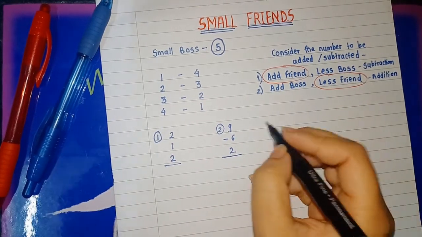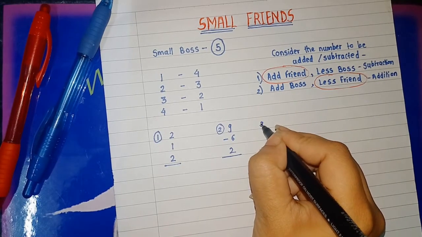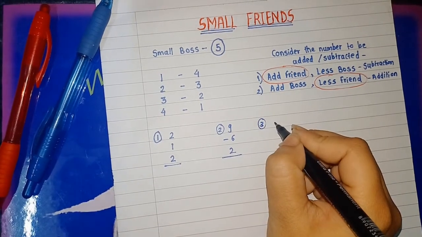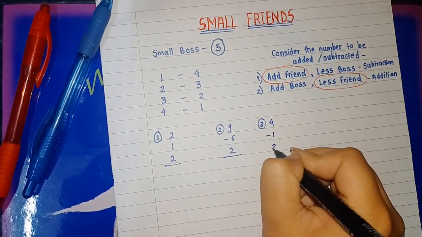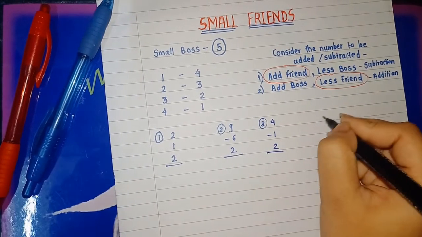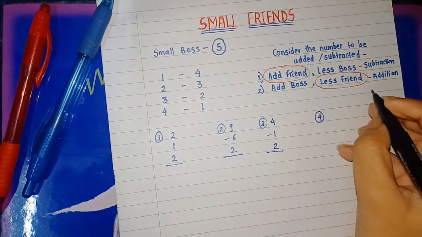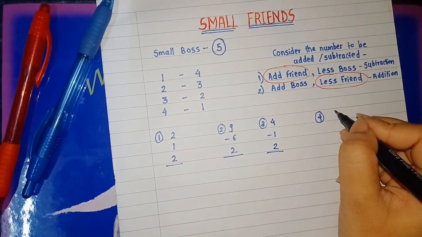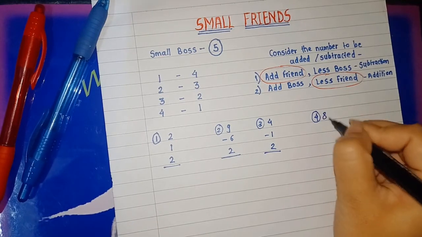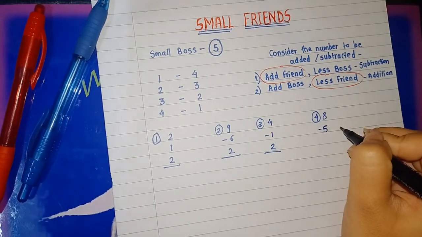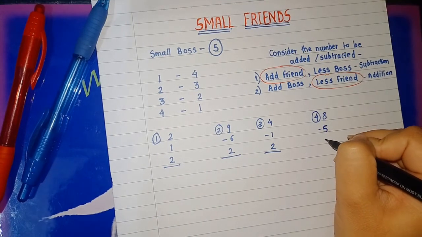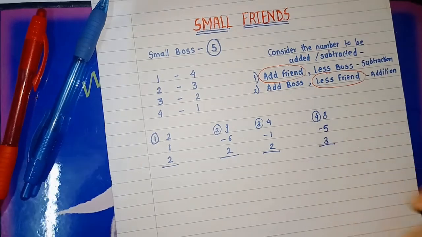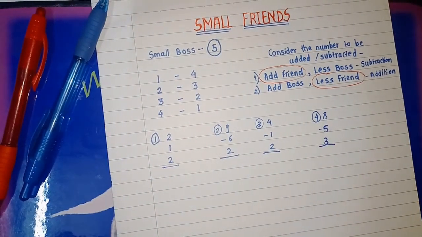Then third, 4 minus 1 add 2. And fourth, add 8 minus 5 and add 3, suppose. Okay, so let's solve these sums.